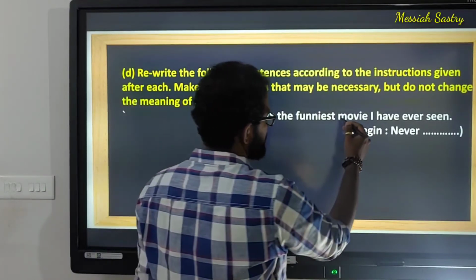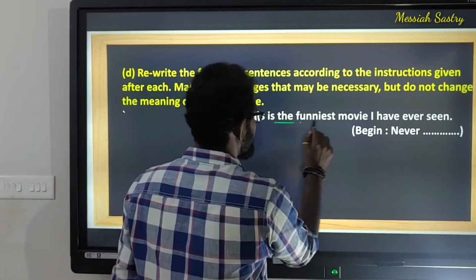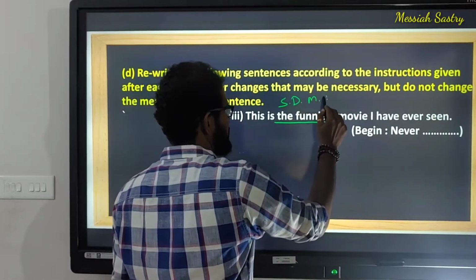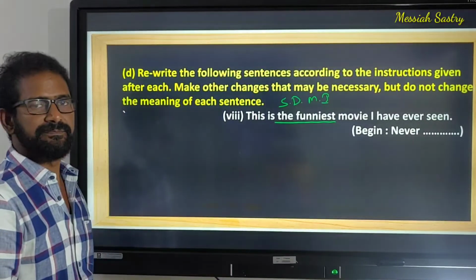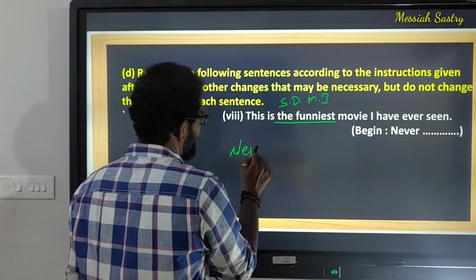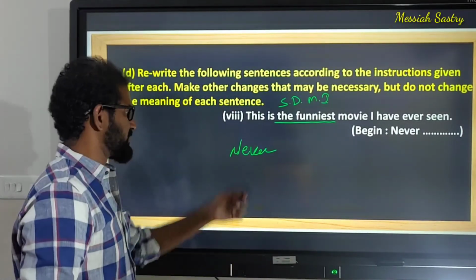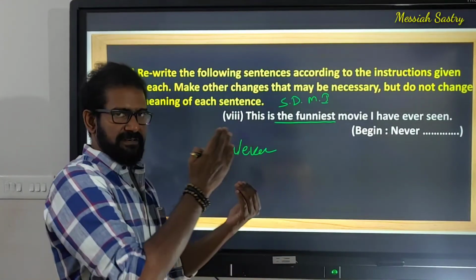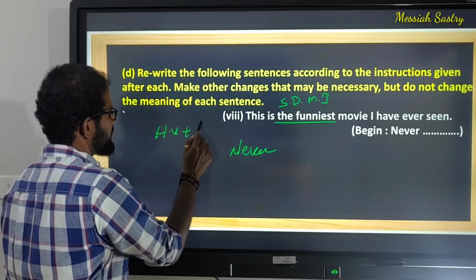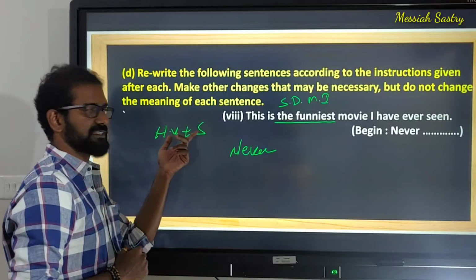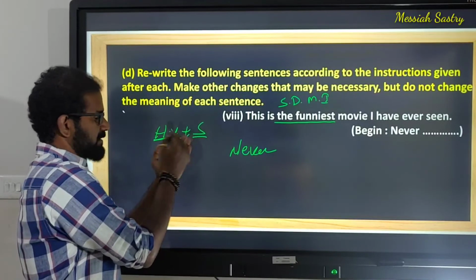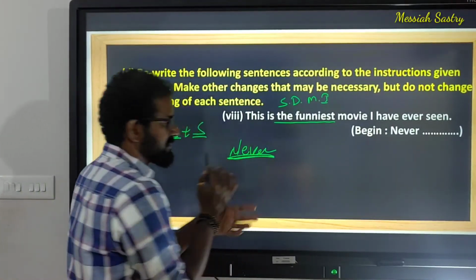This is the funniest movie I have ever seen. The funniest. So, superlative degree, model 1. Begin with "never". When you begin a sentence with never, there must be inversion. Inversion means the helping verb comes first and then the subject. So the helping verb must be before the subject when we begin the sentence with never.